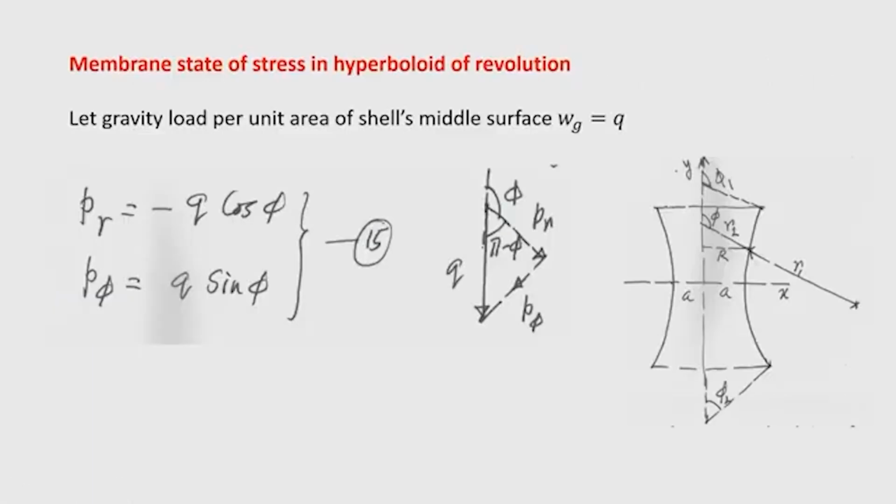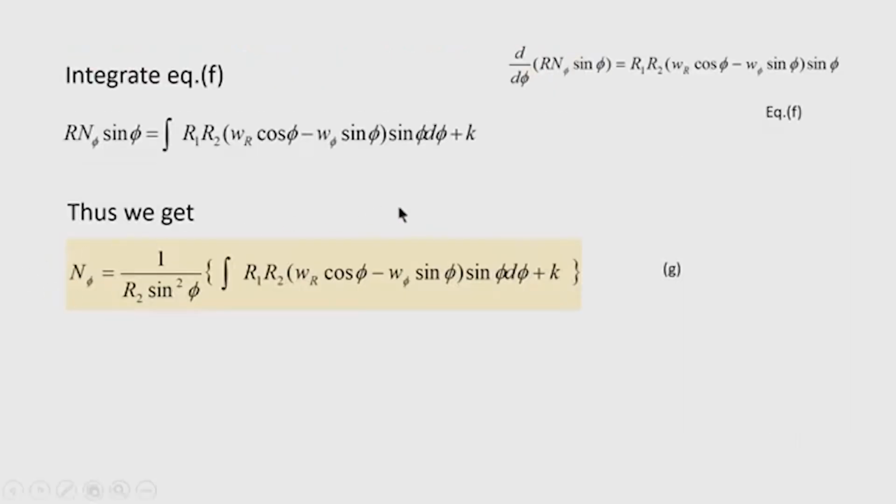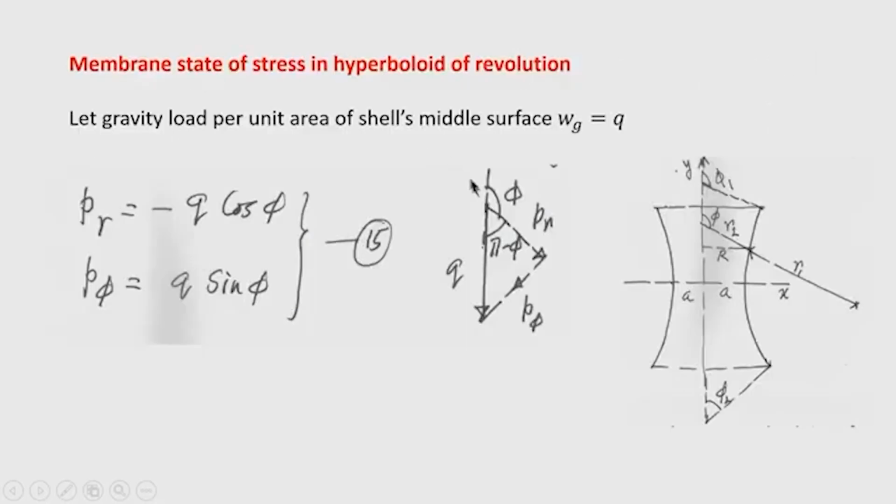Okay. So, membrane state of stress in the hyperboloid of revolution. This is the general formulation. Now, we have to come to our problem, that is the cooling tower, which is a hyperboloid of revolution. Here the cooling tower is subjected to self weight, that is the gravity load q acting vertically, and if this angle is phi, then this angle is pi minus phi.